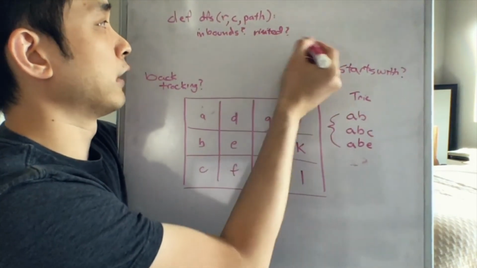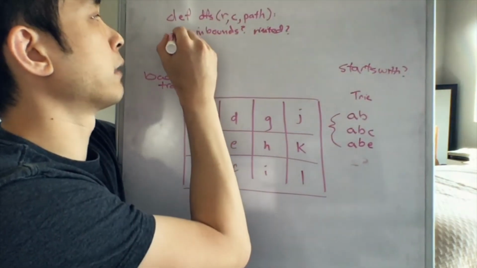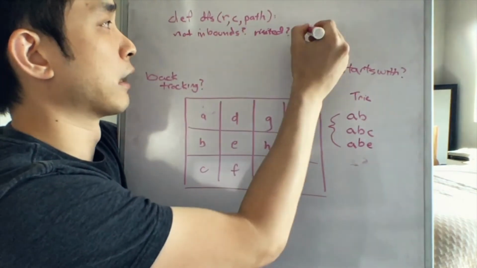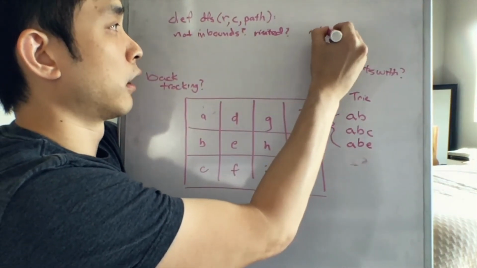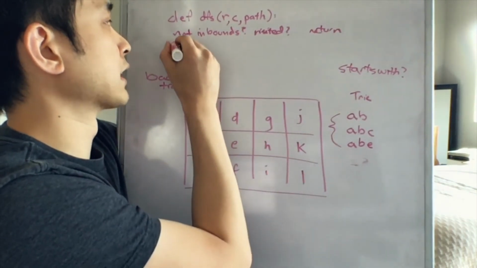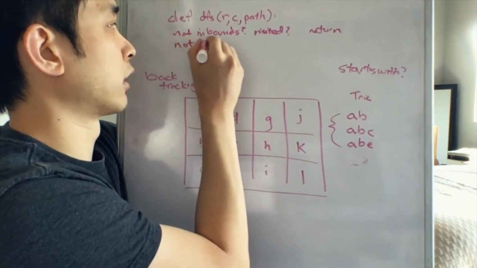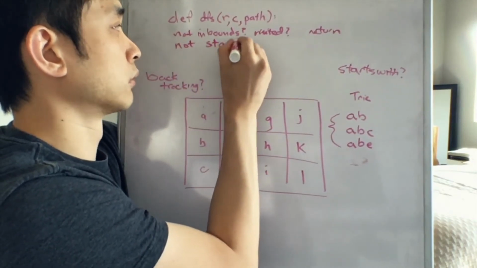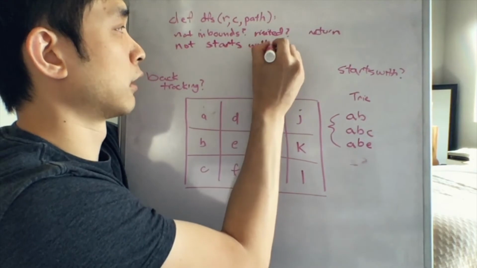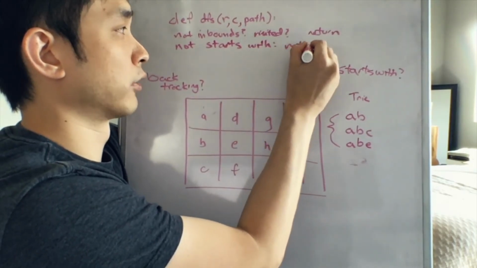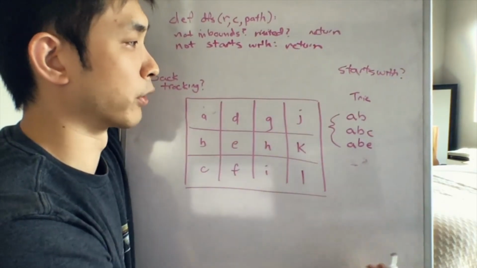So if it's not in bounds or it's visited, then we want to return. But also, if it does not start with, then we also want to return, because there's no point in going any further.